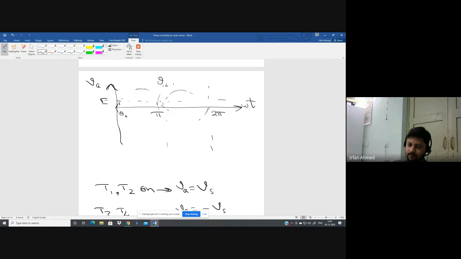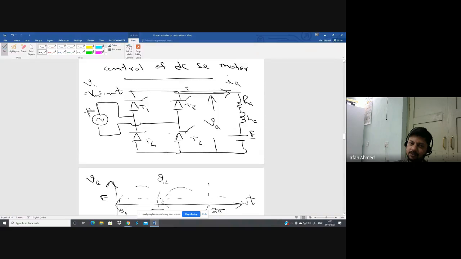On this SCR, at the anode you have the supply voltage, and at the cathode you have E. So for omega t less than theta 1, since the supply voltage is less than E, or anode voltage is less than cathode voltage, SCRs T1, T2 both are reverse biased. But there is a condition here. What is that condition?